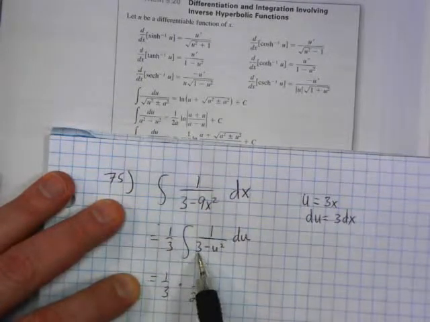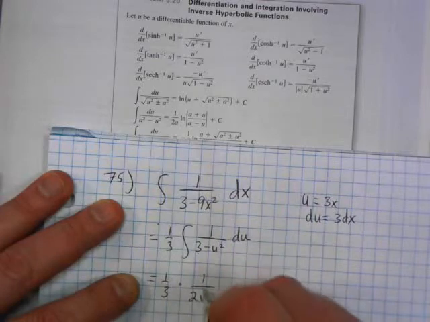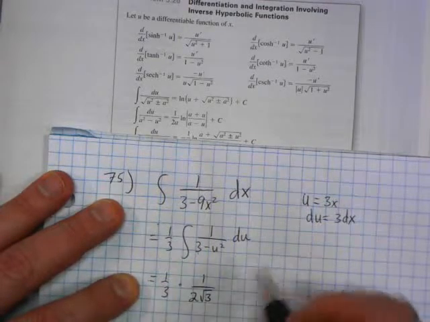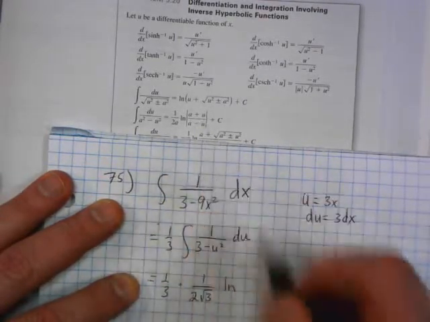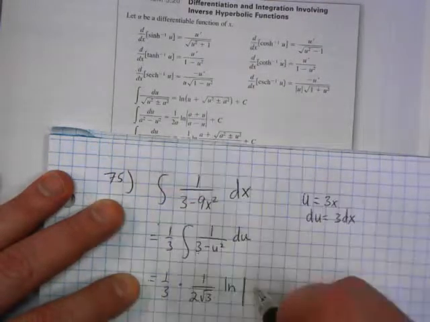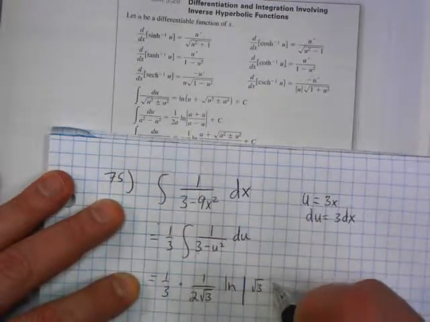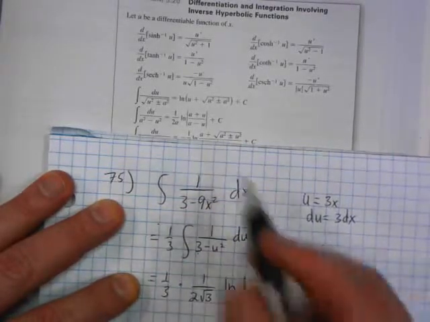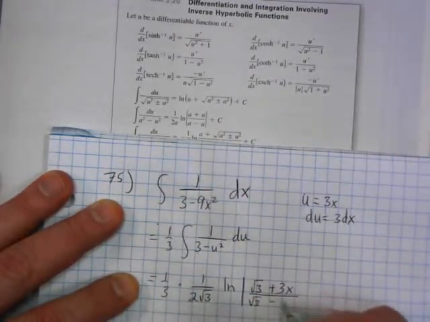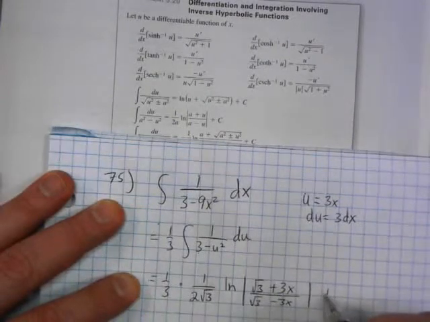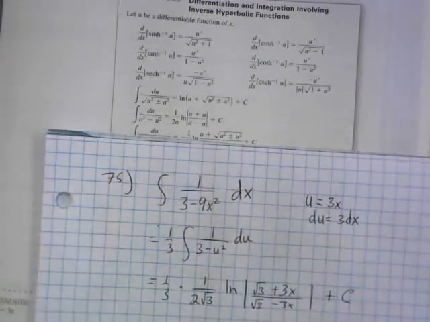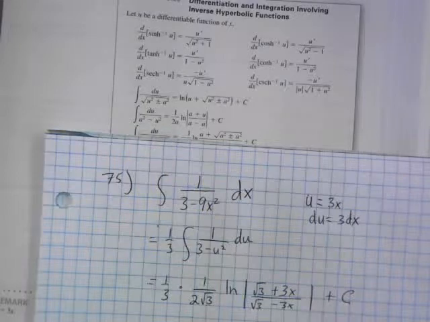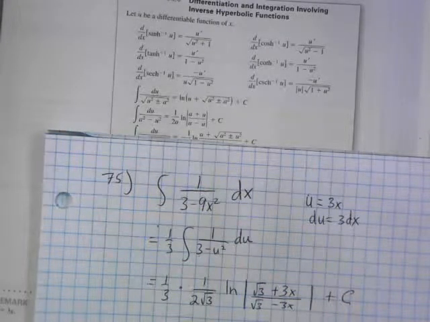So a squared is the number 3, so a is the square root of 3. ln, absolute value of a plus u, so that's square root of 3 plus 3x. I'm going to put my x's back in one step here. Divided by square root of 3 minus 3x, plus c.